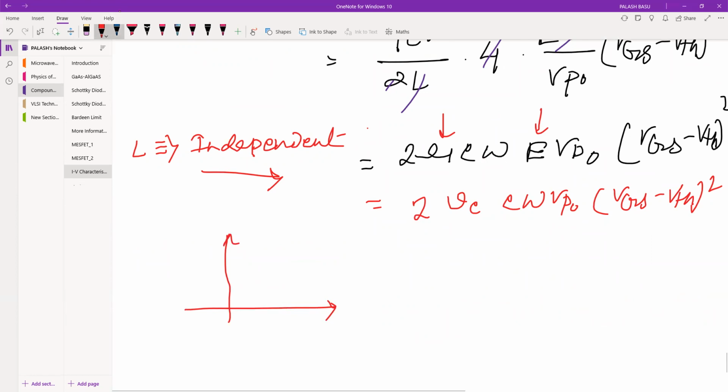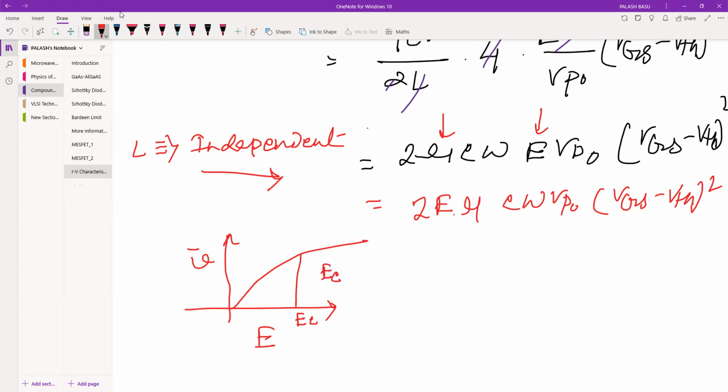I think it's better not to write VC, let it be here, E and mu. What I am trying to tell you is that it is my electric field. The electric field might be so high. This electric field definitely is high, because that is why it becomes a short channel. So this is my EC. You are in this region.